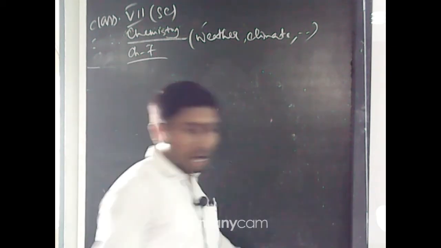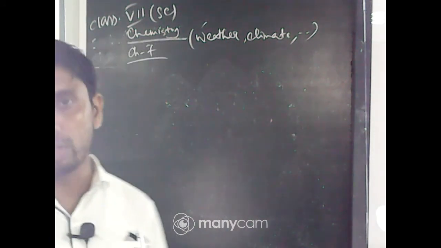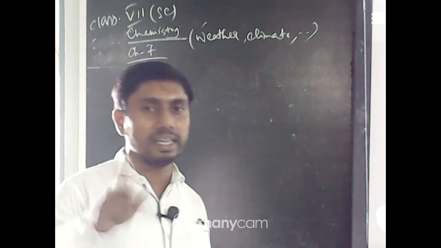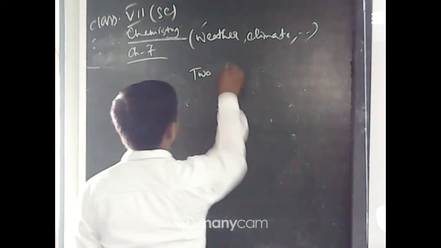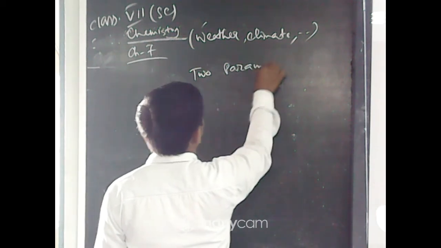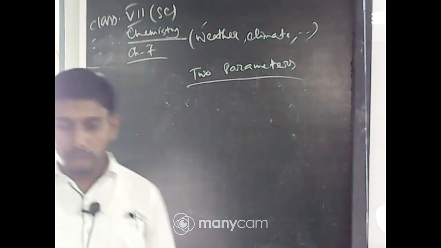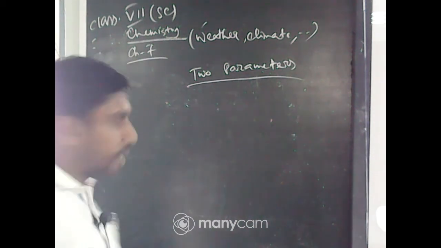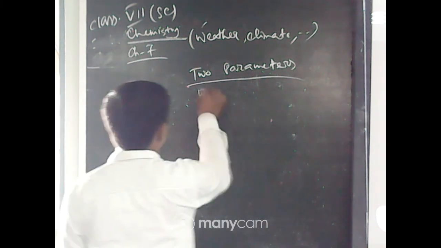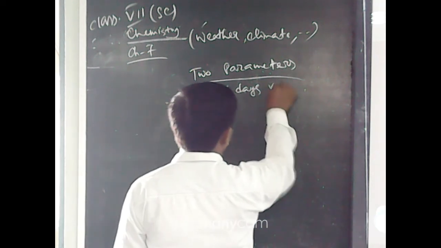In the graph there are two vertical lines, and according to them there are two parameters. Here in the graph it is shown with the dates, and the temperature. So it is weekdays versus temperature.